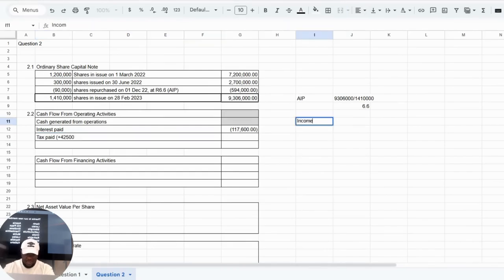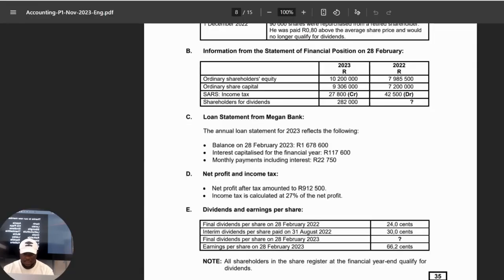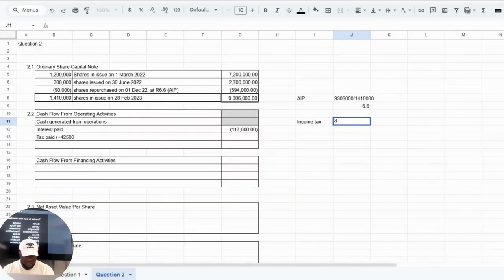The income tax is going to be 912,500, and then you're going to multiply by what we're looking for, which is 27%, and then we're going to divide by what we're given, which would be 73%. So then we divide by 73, and that gives us a SARS income tax amount of 337,500. So for this, all the time when it comes to the income tax, I pretty much just subtract this amount.